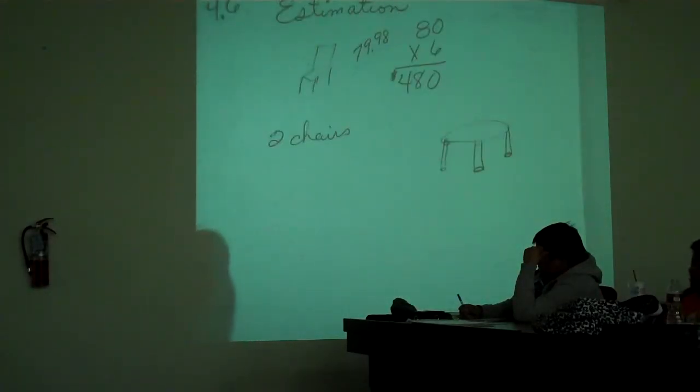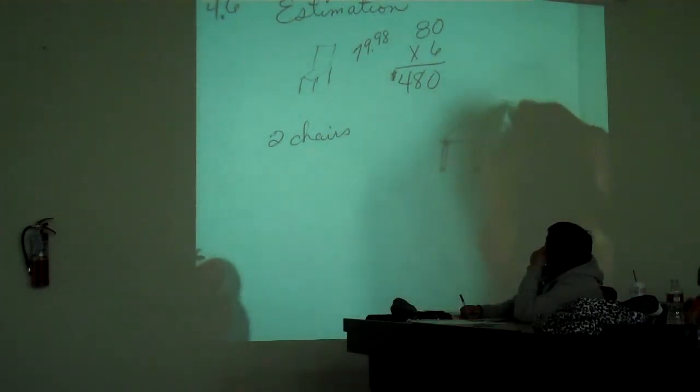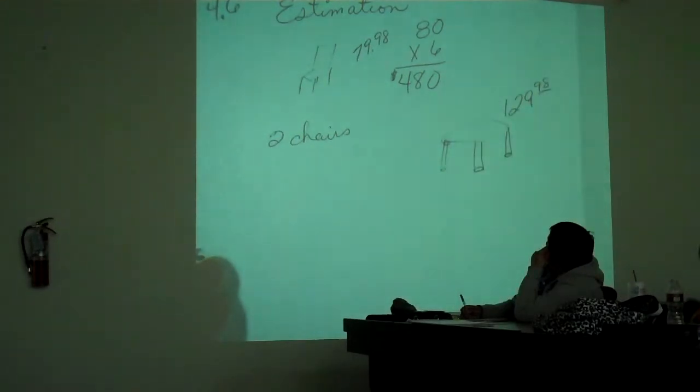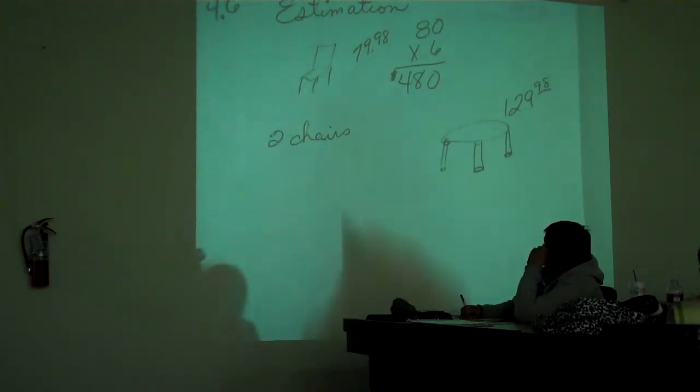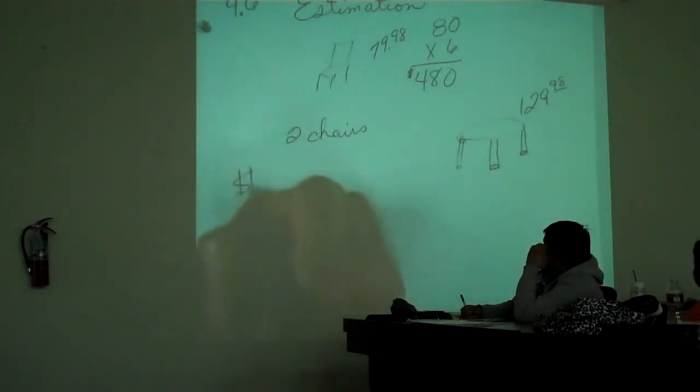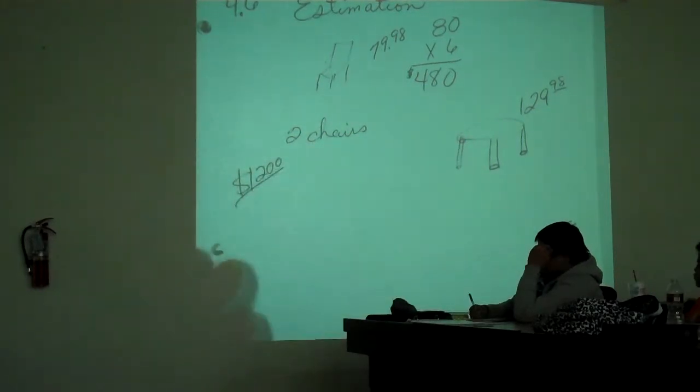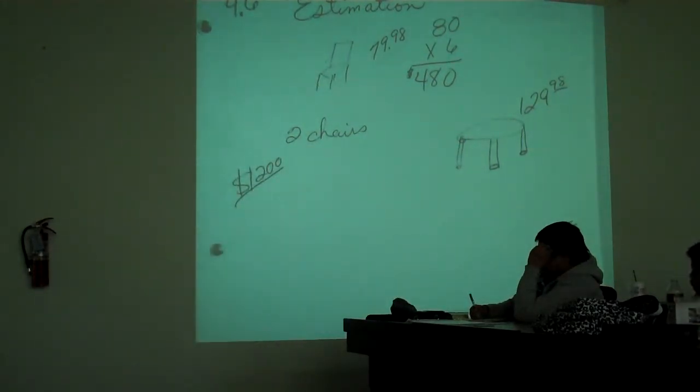You probably wouldn't want it because it's ugly and it's only got 3 legs, right? Okay, but say this table costs $129.98. And let's say you've got $200 in your pocket. Okay, would you be able to buy the 2 chairs you needed and the table?